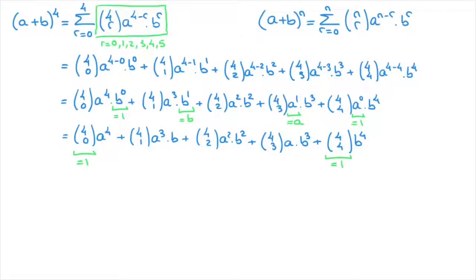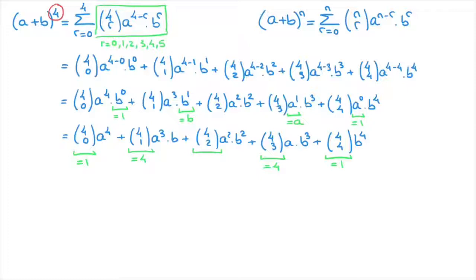The second trick, remember, is that the second binomial coefficient and the second to last binomial coefficient will always equal the power to which the binomial was raised. So in this case, that was 4. So we can go ahead and write that's equal to 4, and that's equal to 4. So all we really need to do is to calculate the value of this middle binomial coefficient, (4 choose 2).